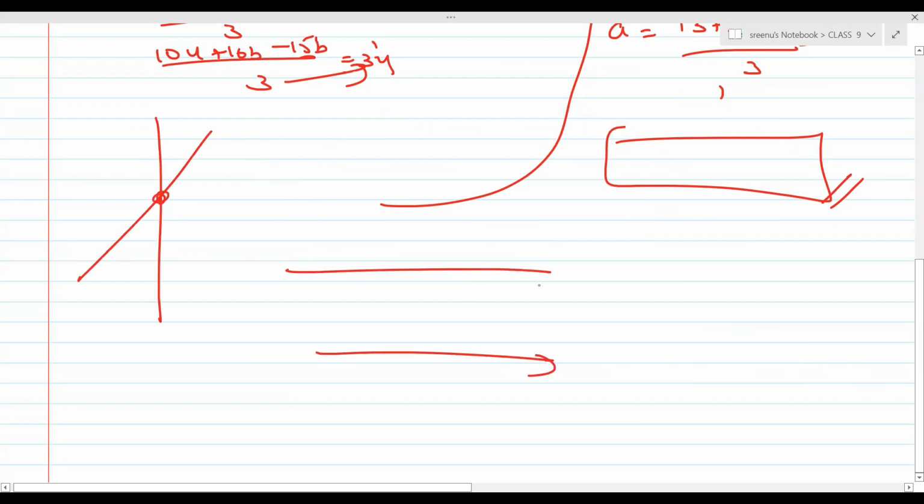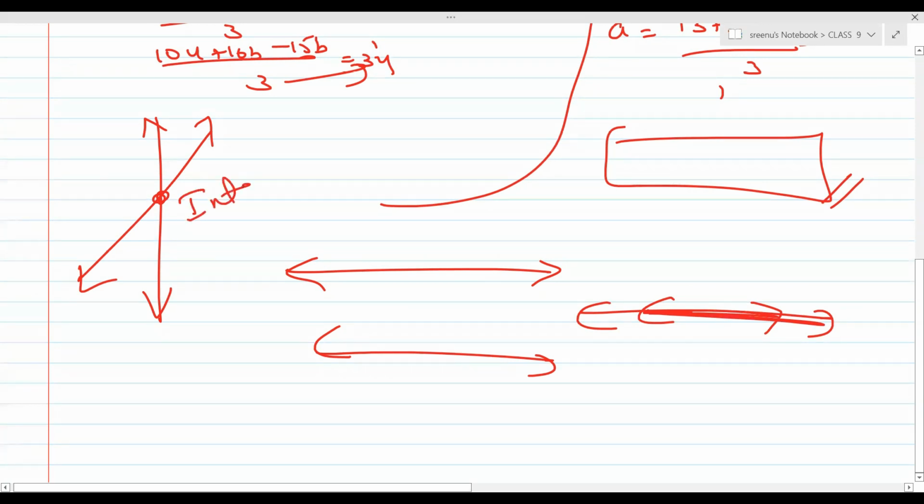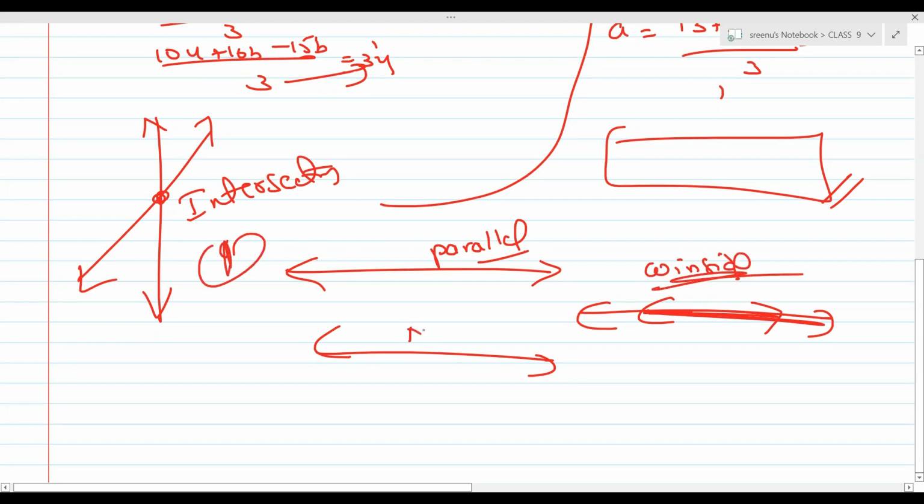No solution means parallel lines, which we always represent with arrows. And coincident lines, where one line overlaps another. These are intersecting lines, these are parallel lines, and these are coincident lines. So here one solution, here no solution, here many solutions. There are 3 types. Okay?